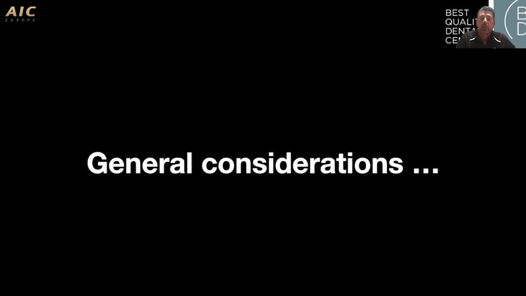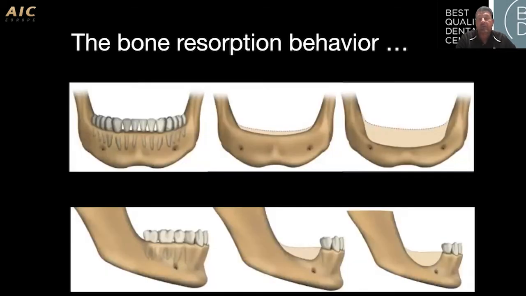Talking a little bit and very quickly about the general considerations. Everybody knows the bone resorption behavior, when we have teeth and when we are losing our teeth, and what's happening with the bone when you use removable prostheses. We know the trauma that removable prostheses can have on the bone, and we know that with the aging of our patients the bone is naturally going to resorb.